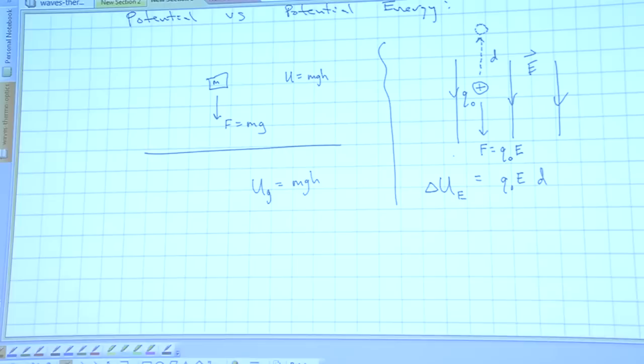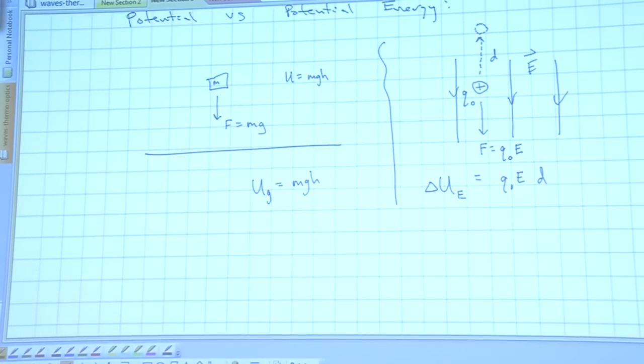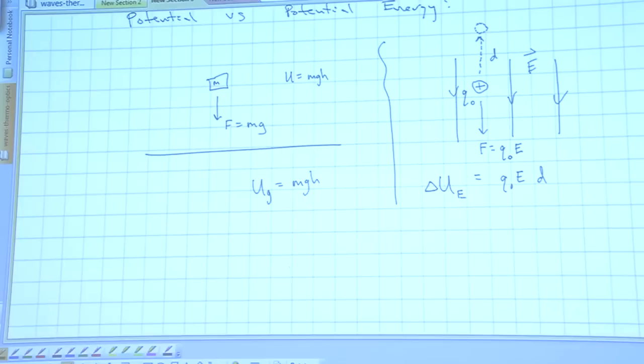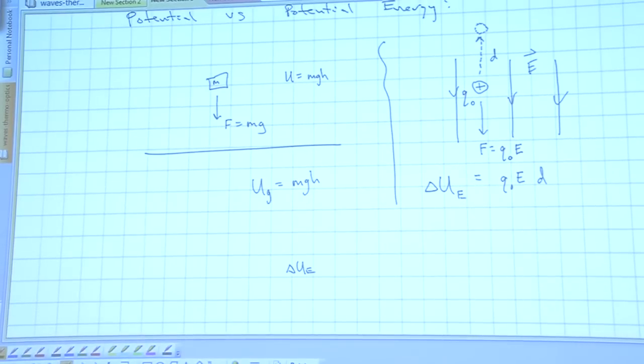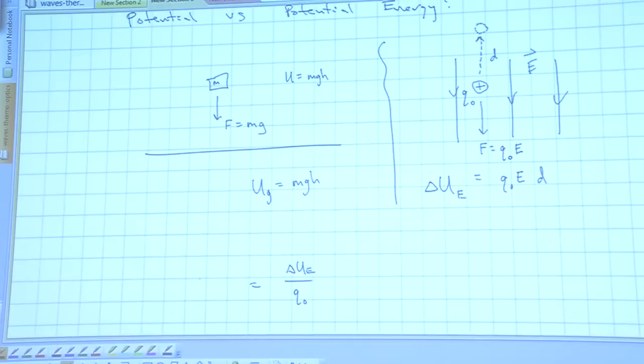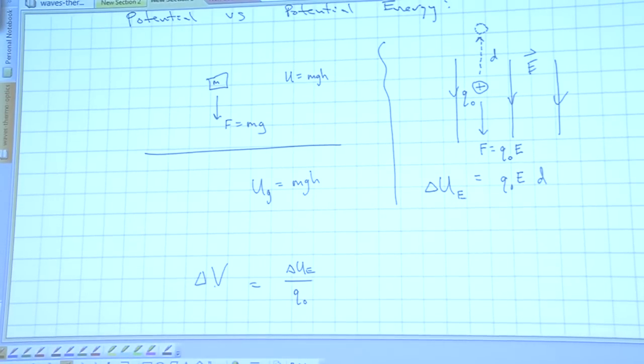And so we want to divide that out. So we divide our potential energy by the charge. And what does that give us? That gives us some new quantity we call potential. So we've divided out the effect of the charge that we're moving.